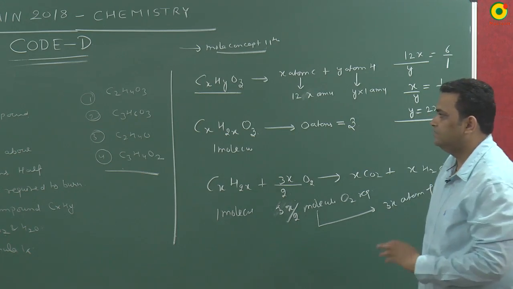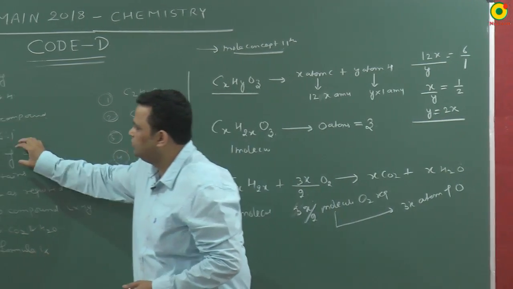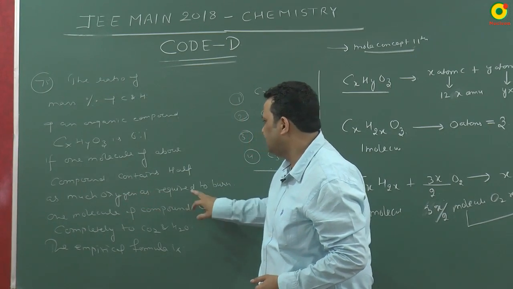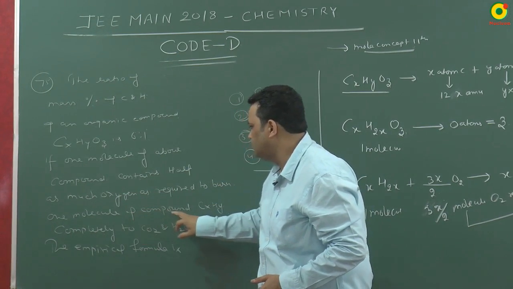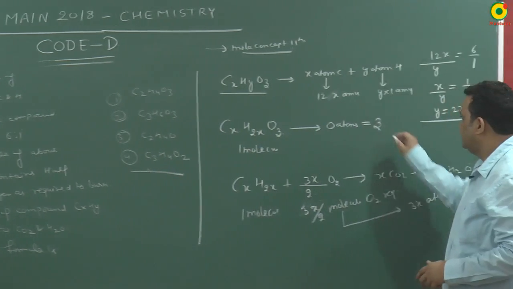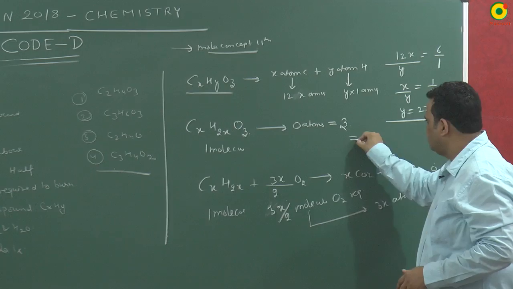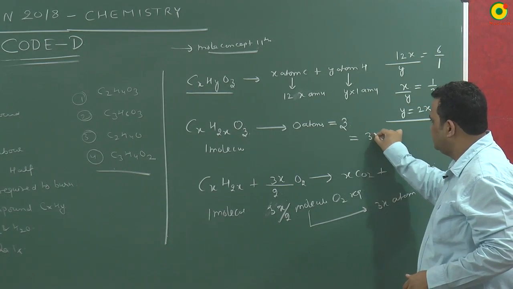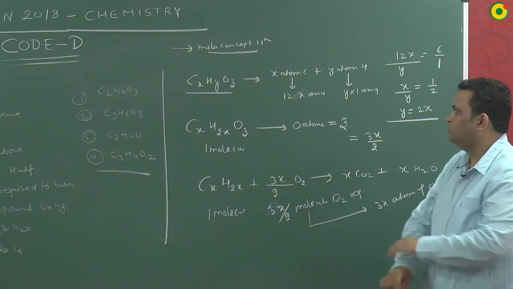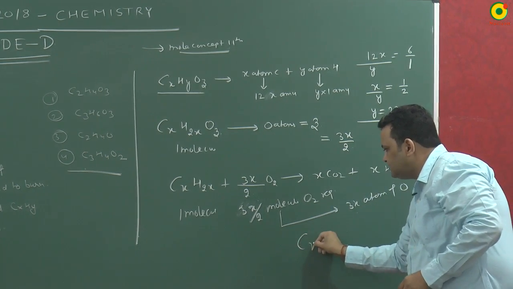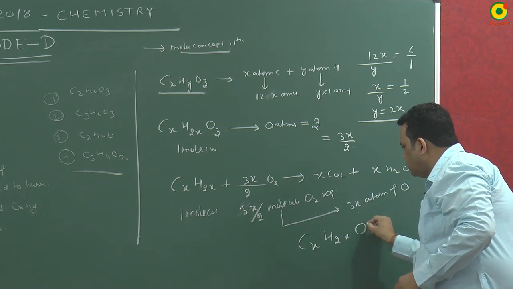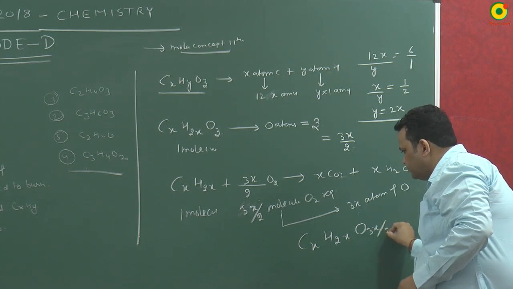Now what is it saying? That one molecule of this compound contains half as much oxygen as required to burn one molecule of compound CXHY. It means this Z is equal to half of 3x by 2. So we have the formula CXH2XO3x/2.